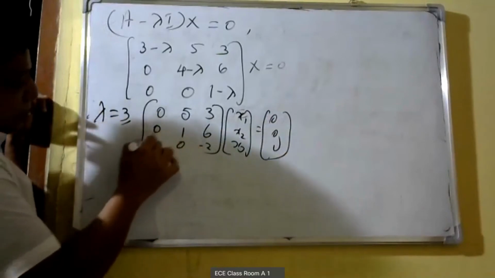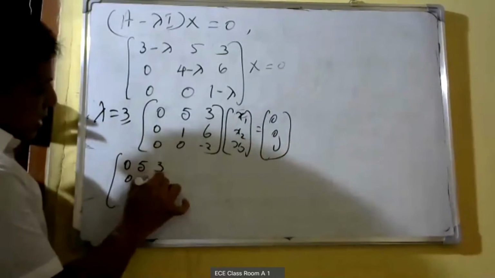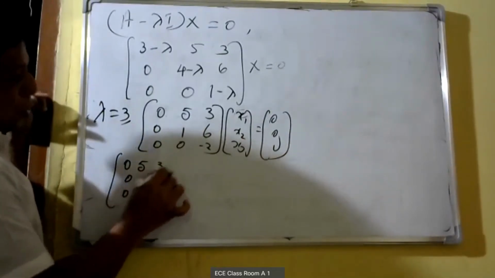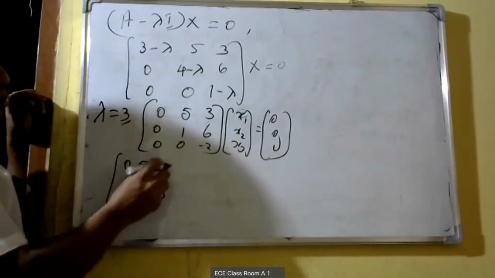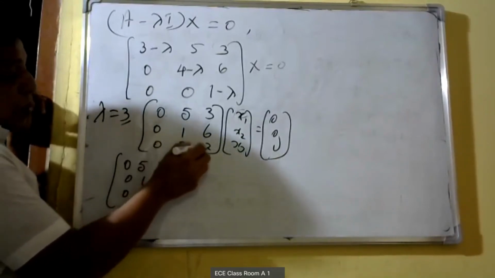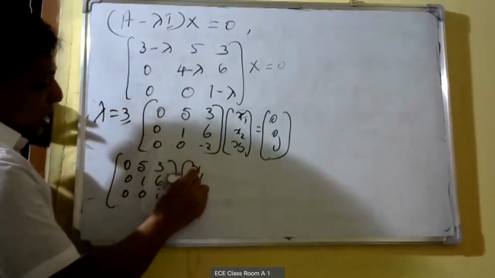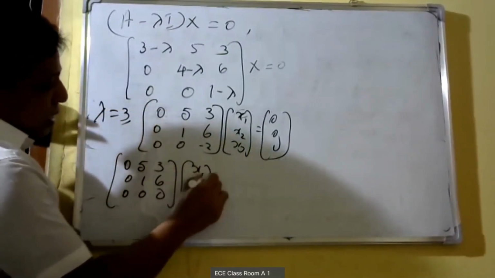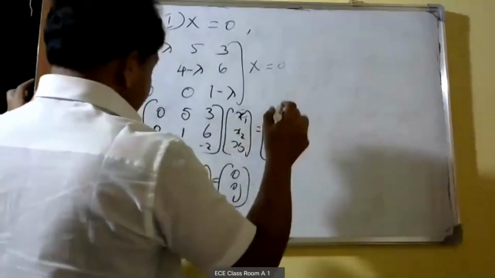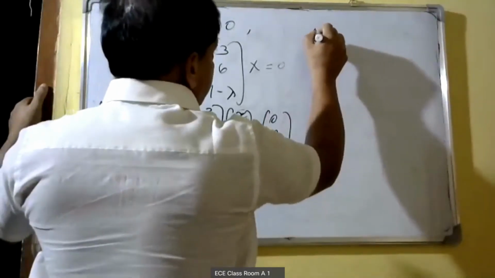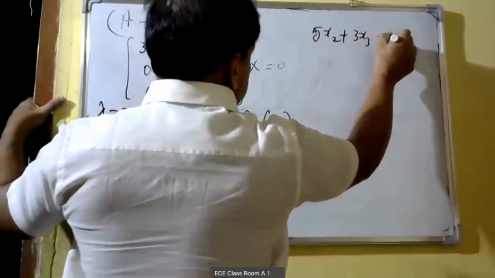Then we convert this matrix 0, 5, 3; 0, 1, 6; 0, 0, minus 2. We convert this minus 2 into 0 by multiplying the third row by 3 and adding. Then we get x1, x2, x3 equal to 0, 0, 0. Therefore, the equations are 5x2 plus 3x3 equal to 0.